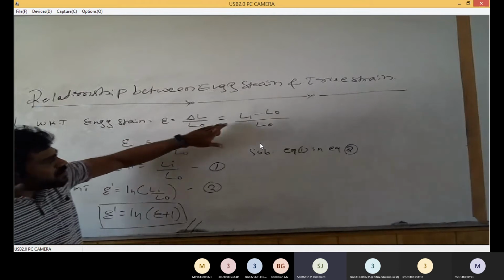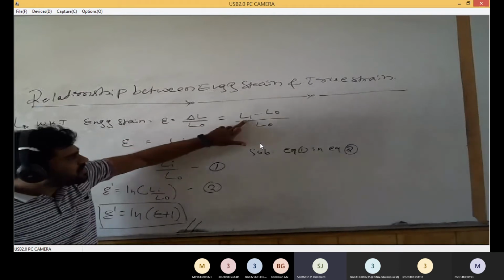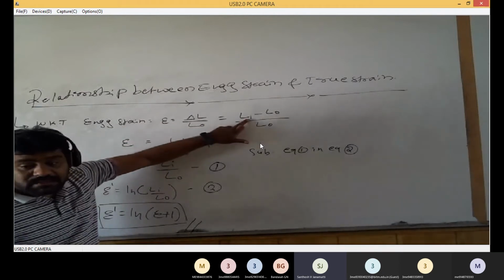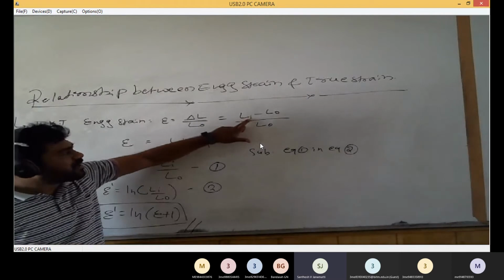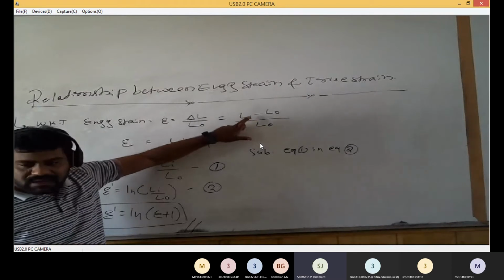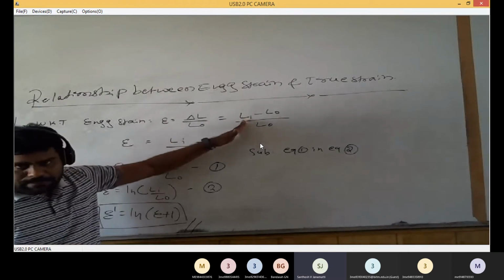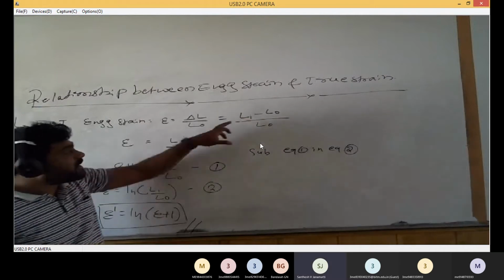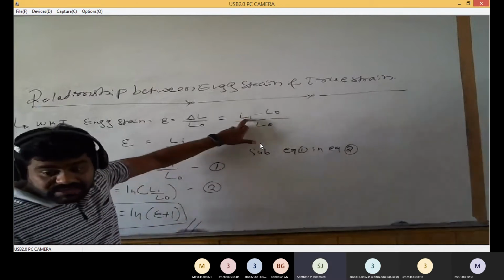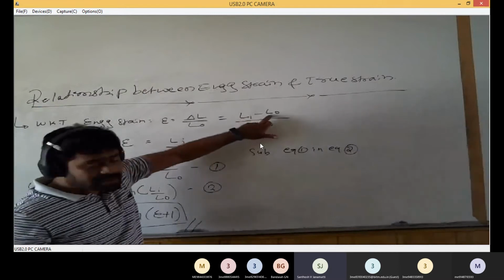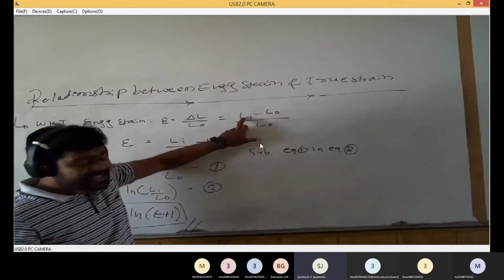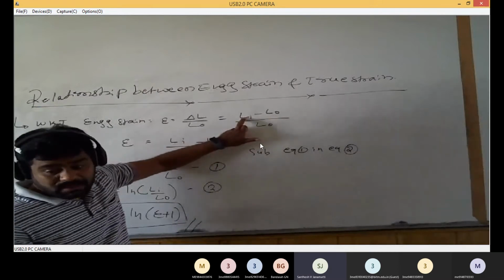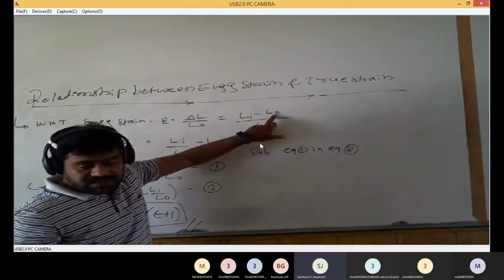This delta L is nothing but the change in length. If you use Li, you can take Lf also. Lf means final length, the instantaneous length, minus the original length. The instantaneous or final length is always larger than the original length.